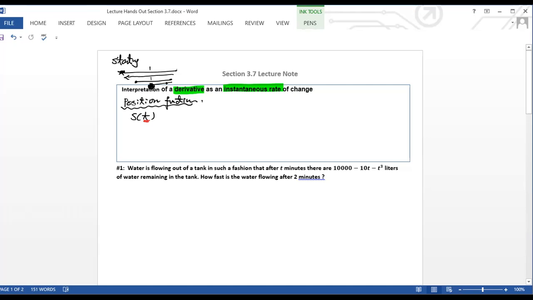After the position function, the next one we want to see is the velocity function. We typically use v(t) to represent it, and that is s prime of t, the derivative.